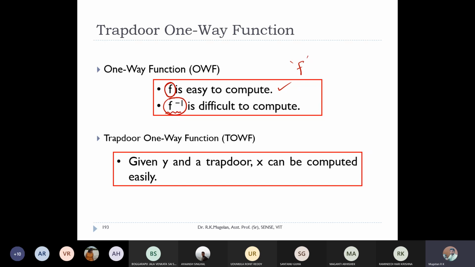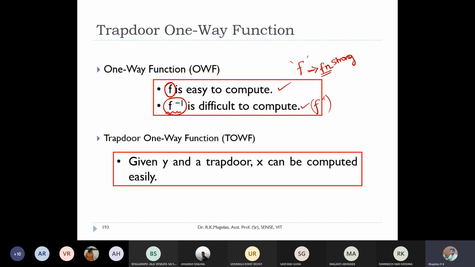Like for example, f is nothing but a constant integer, and you have to find the multiplicative inverse. You can use many theorems and find the answer. But suppose f is a very tough function, mathematically strong, and the receiver does not have the knowledge of f as well as f inverse, then it will become a one-way function. That is, no one can retrieve the data.